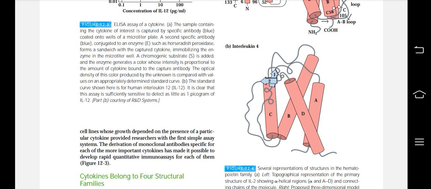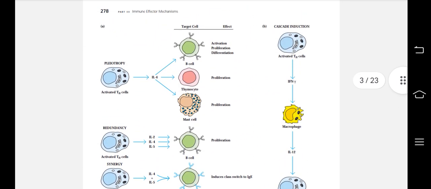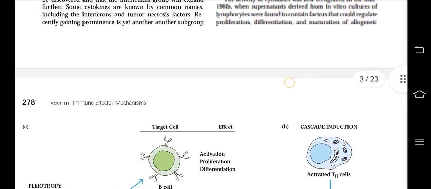The derivation of monoclonal antibodies specific for each of the more important cytokines has made it possible to develop rapid quantitative immunoassays for each of them. Now we're going to look into some pictures, so carefully view these pictures.